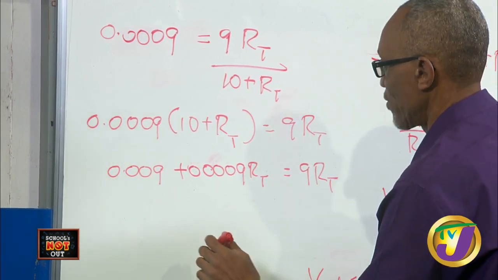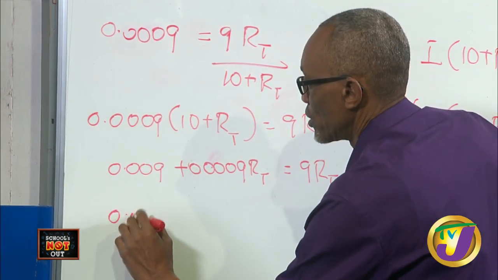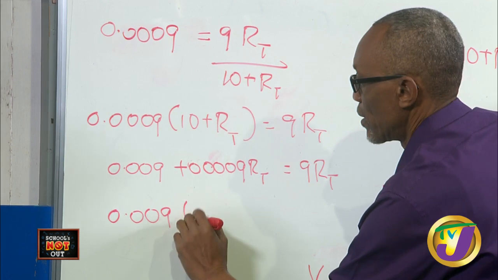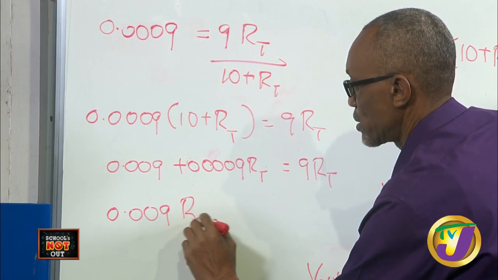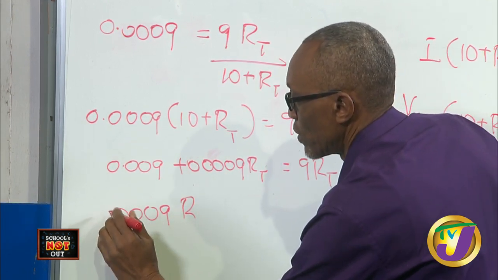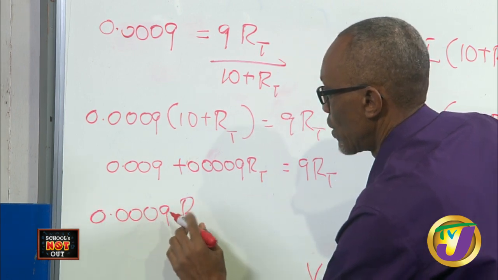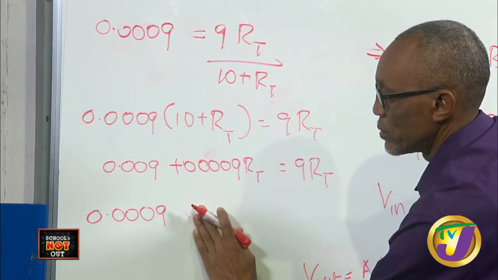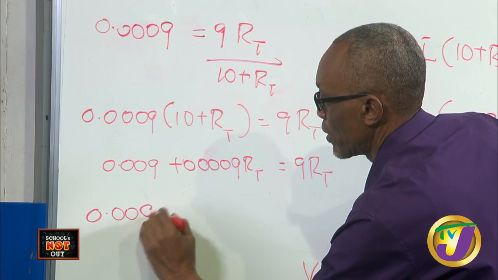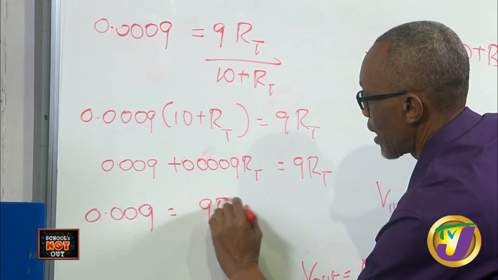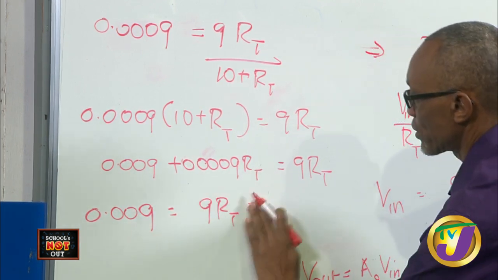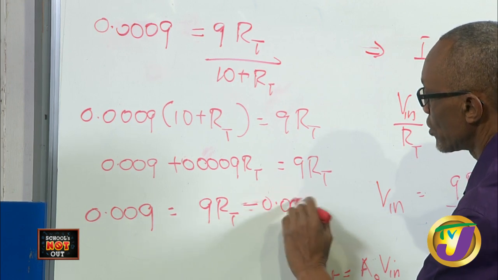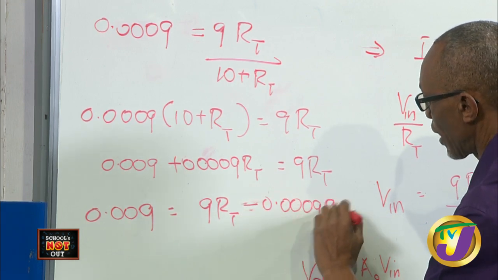And so we will have that 0.009 is equal to 9 RT minus 0.0009 RT.